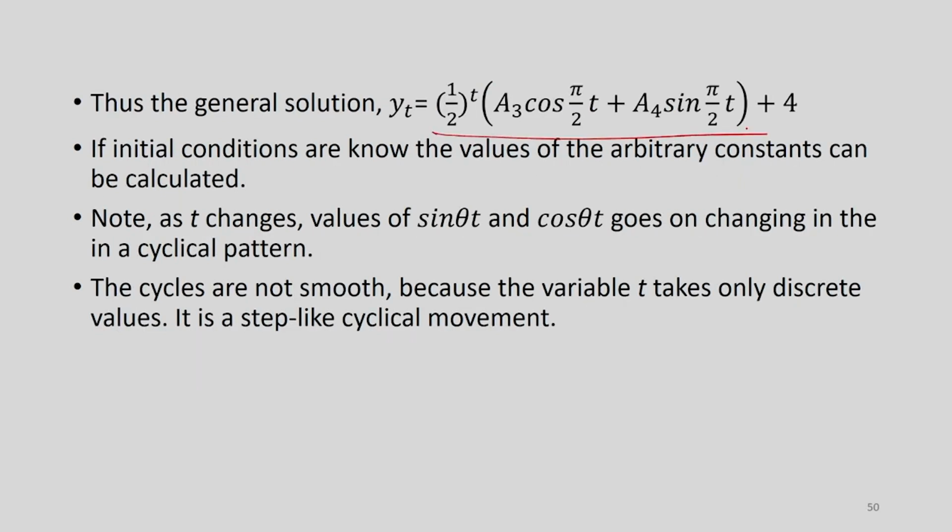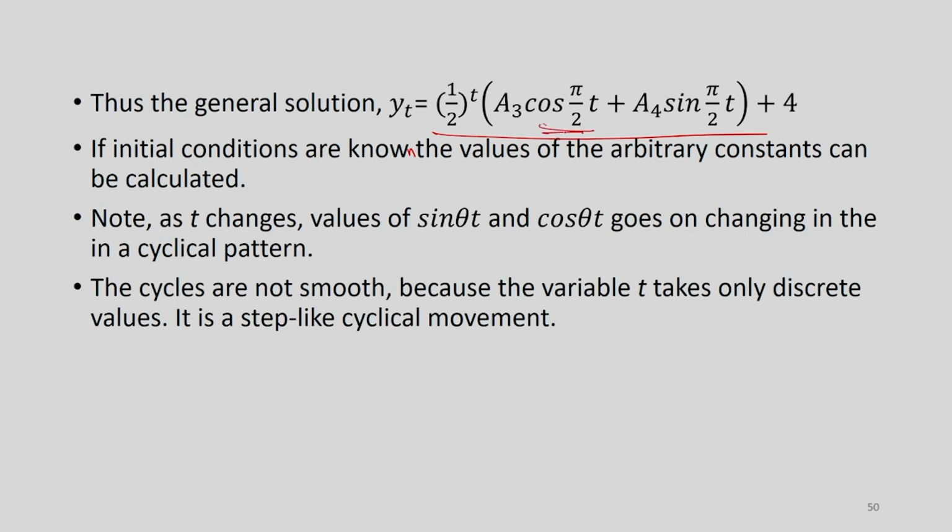If the initial conditions are known, the values of the arbitrary constants can be calculated. Note, as t changes, the values of sin theta t and cos theta t go on changing in a cyclical pattern.